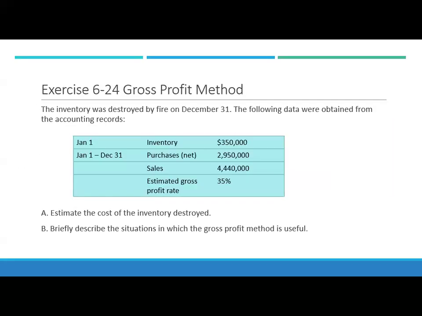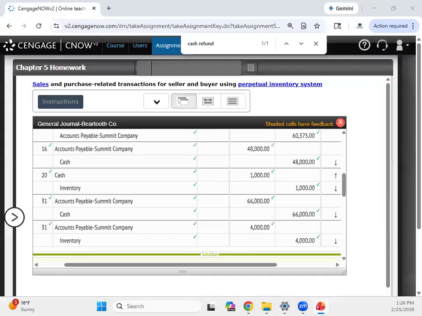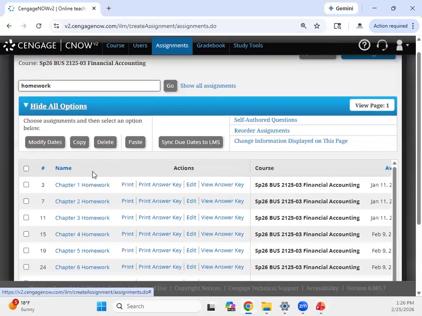And so now what I want to do is go through a few examples in the homework of inventory, basically the examples of what we're doing in class. Is there a particular method that you would like to go over?